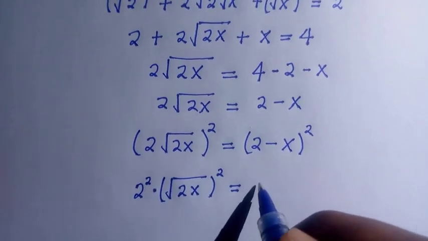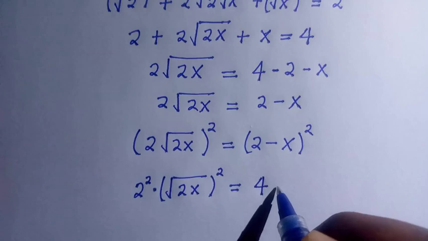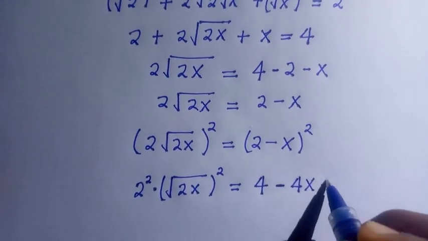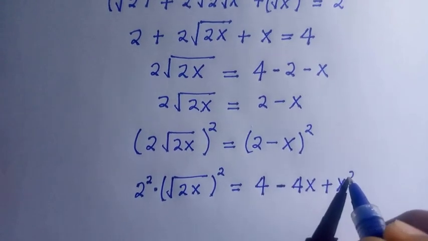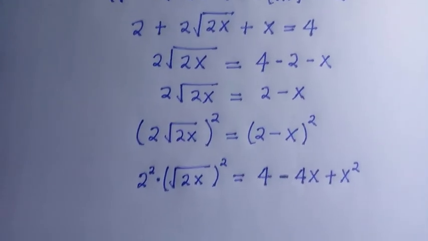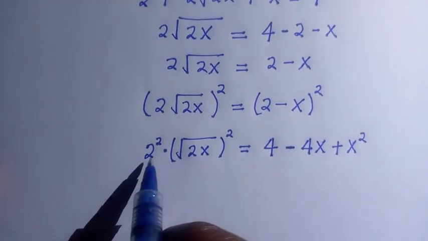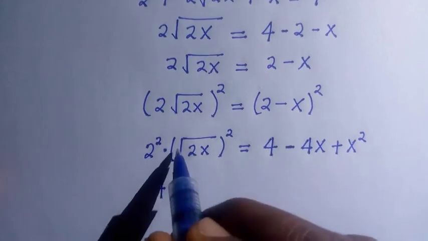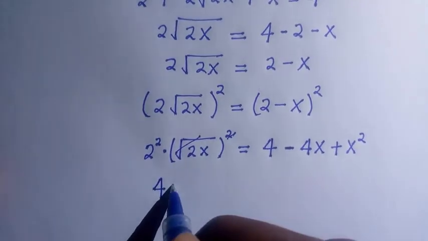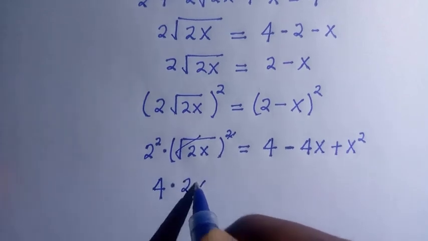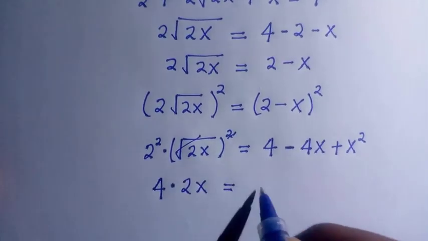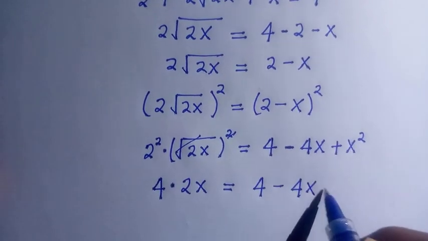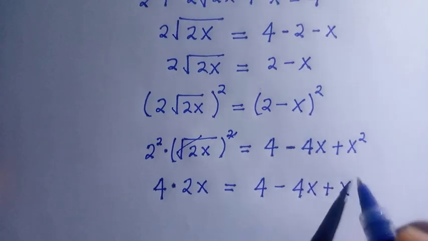By expanding this, we have 4 minus 4x plus x raised to the power of 2. Further, 2 square means 4. Then by cancelling this, we have 4 multiplied by 2x equals 4 minus 4x plus x squared.